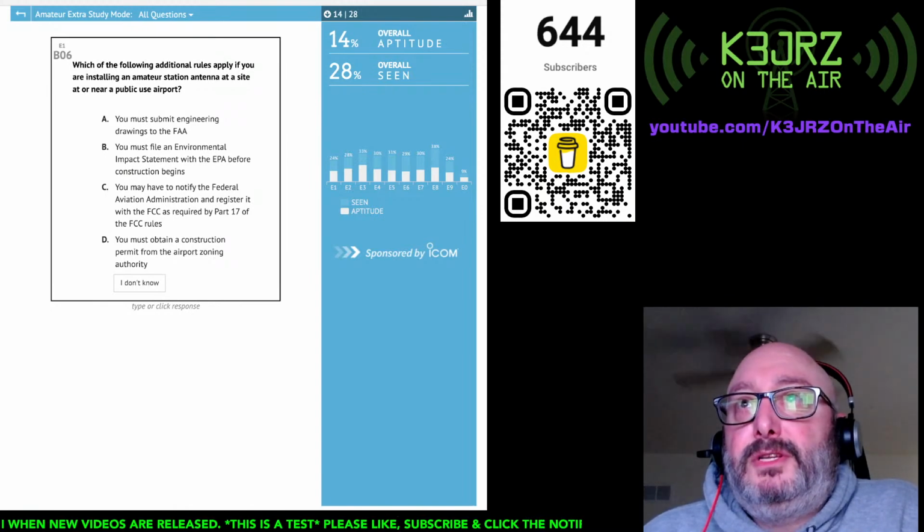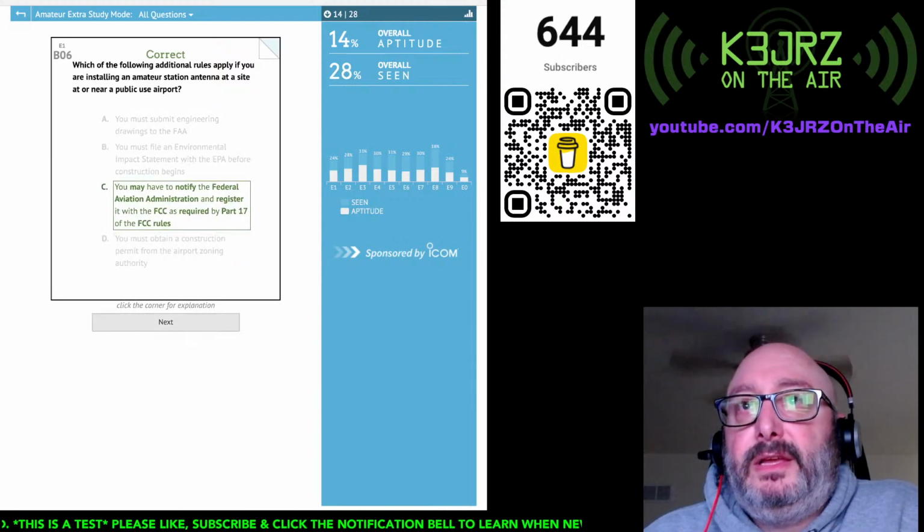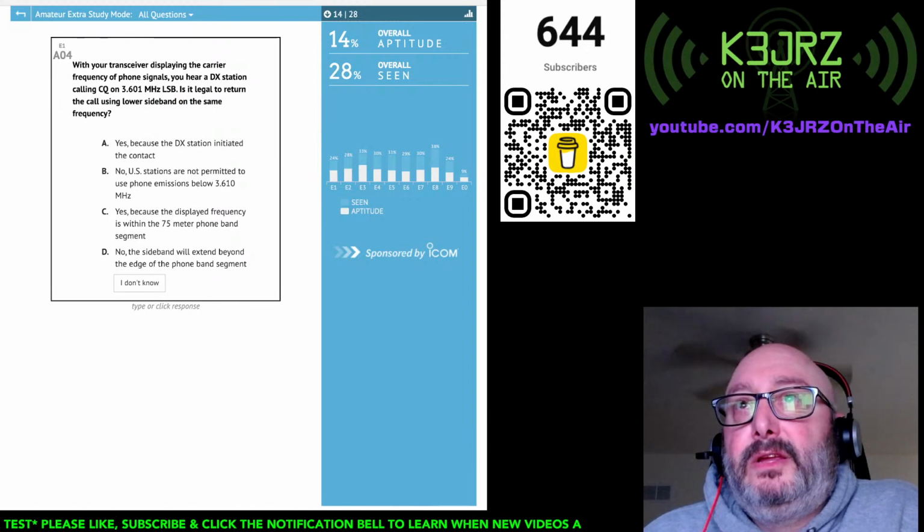Which of the following additional rules apply if you are installing an amateur radio station on the site of a nearby public airport? You may need to notify the FAA. The transceiver displaying carrier signal of phone signals. You hear a DX station call CQ on 33.6.0 MHz LSB. Is it legal to return the call? No, it's not.